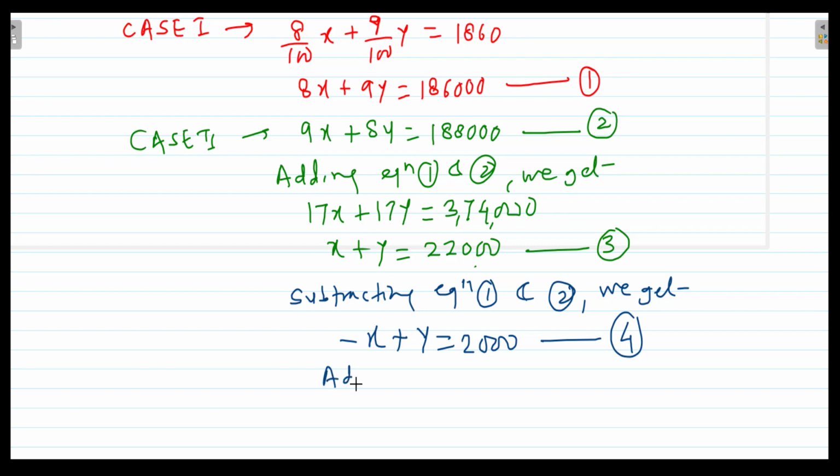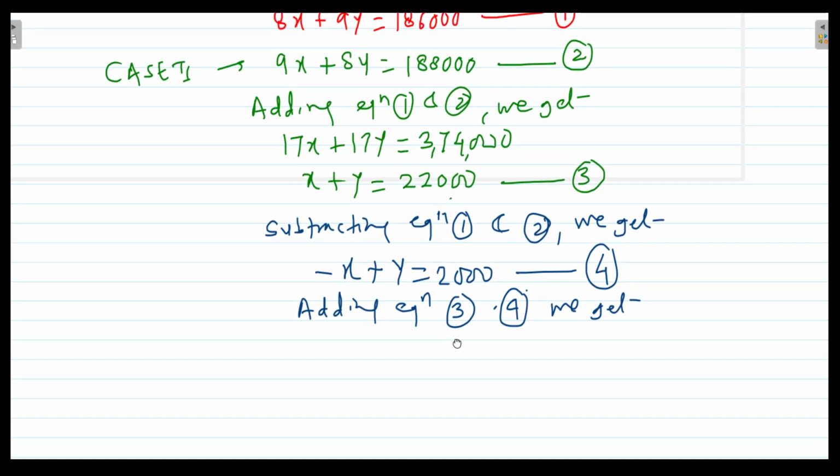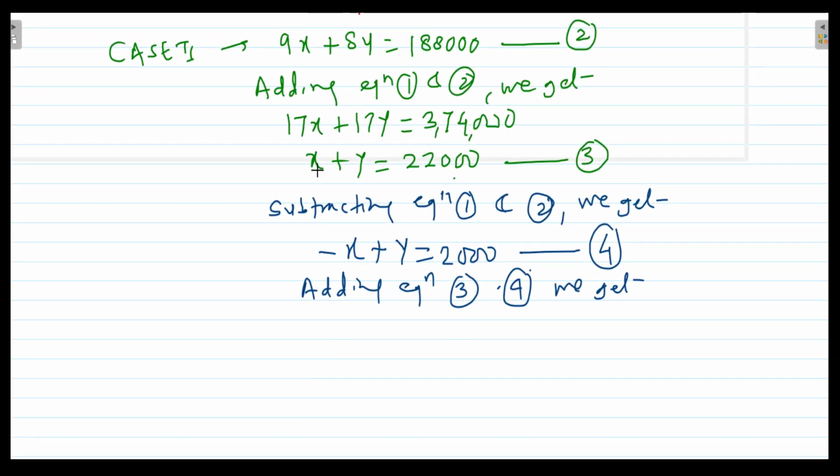So x and x will get cancelled, y plus y will be 2y, which is equal to 22,000 plus 2,000, that is 24,000, and so y will be equal to 12,000. So y we have got, so highlight this first solution.